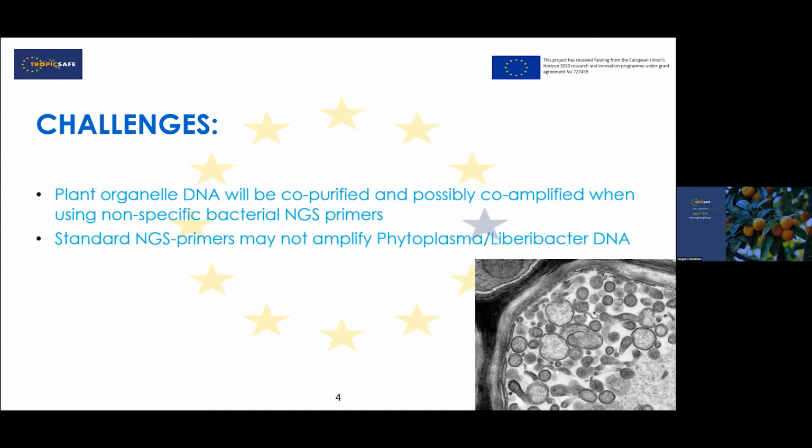So that's one thing you have to consider when developing an NGS method for plant living organisms. The other problem was that the standard NGS primers usually used for bacteria do not amplify phytoplasma DNA, and there might also be some problems with the Liberibacter DNA.